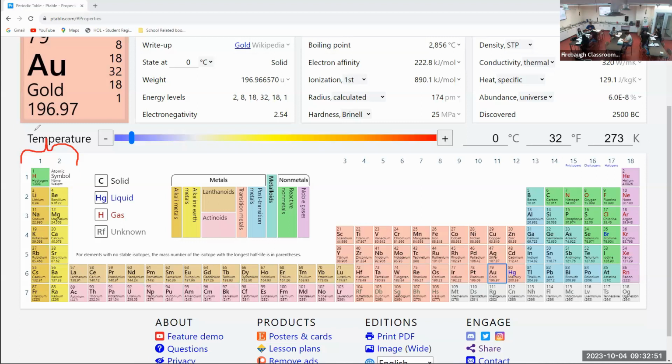We have 2. What sublevel holds 2 electrons? Which one? The S. So this here is going to represent the S. I make a little lowercase s or a cursive s.